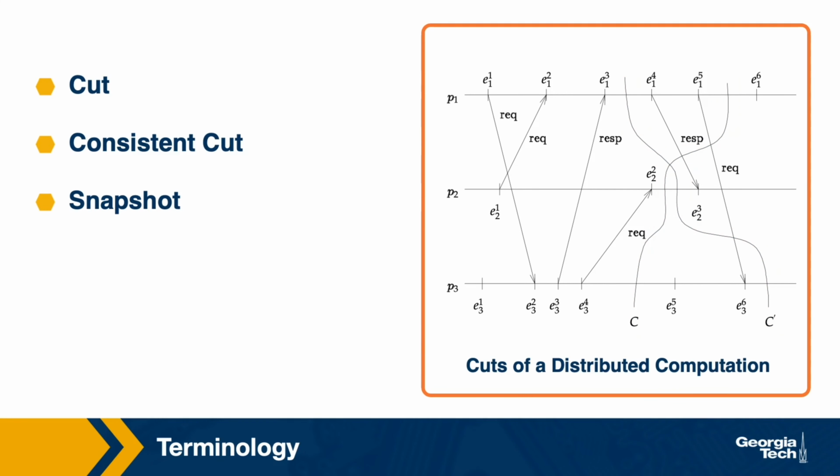Therefore, what we really care for is to capture not just any random cut in the system, but rather a consistent cut. The consistent cut of an execution corresponds to a snapshot, and just like with what we saw with the runs, the snapshot may not correspond to a situation that the system has really been in.